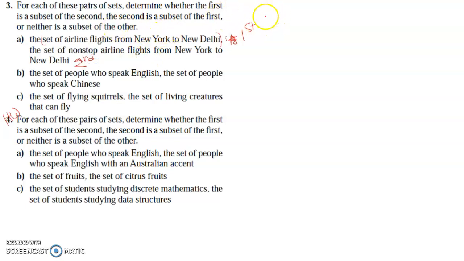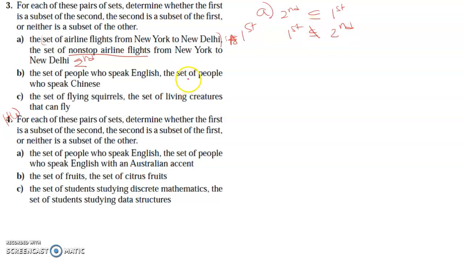In this case, I would say that our second set is a subset of the first, because those non-stop flights are one of the many kinds that are part of all the flights that go from New York to New Delhi. So this is true, but the other way is not necessarily true.